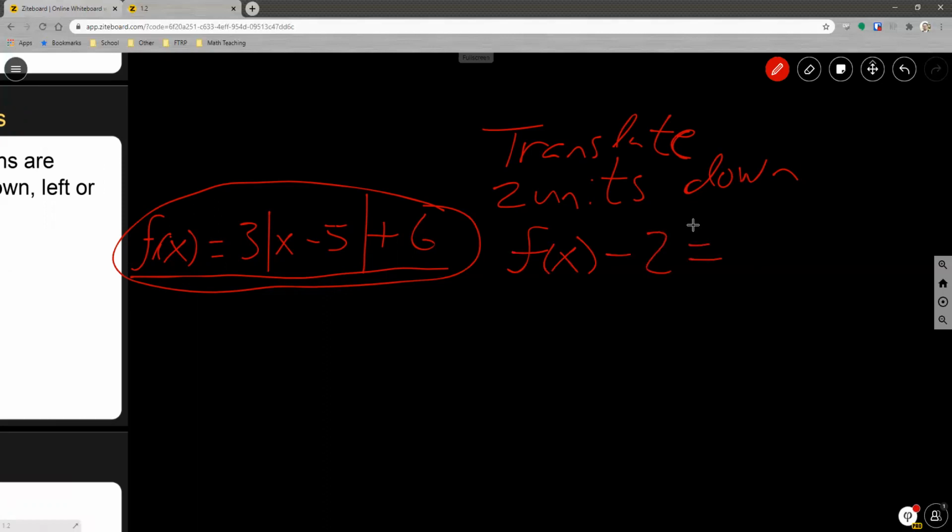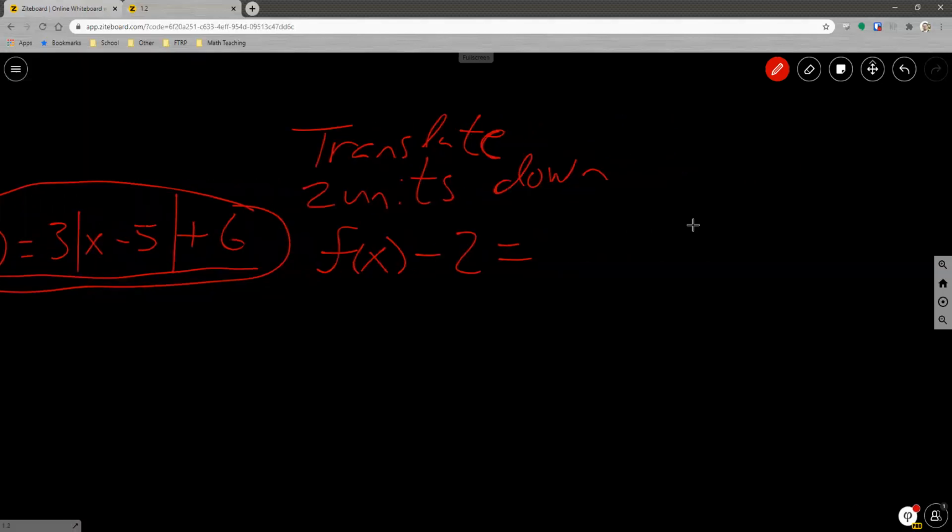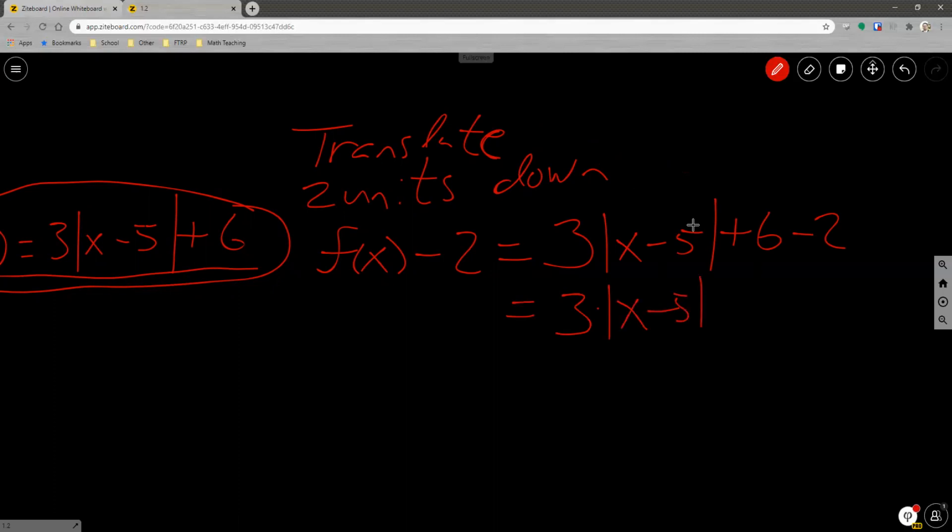If I subtract 2 from one side of the function, I can do that from the other side as well. So I could rewrite this as 3 times the absolute value of x minus 5, plus 4.